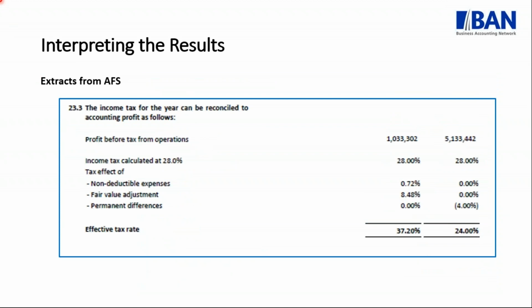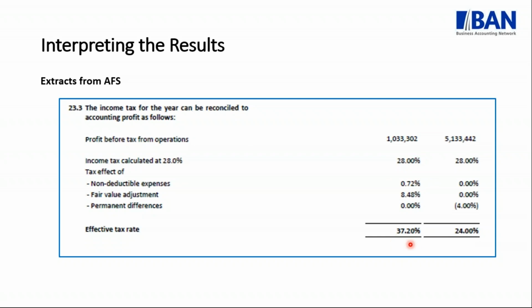I just also want to highlight something that you might have seen in your financial statements, but might not have known what that relates to. This is part of your income tax note, your current tax note, and it's this tax rate reconciliation. It's a reconciliation between your normal tax rate of 28% and your effective tax rate in the financial statements.